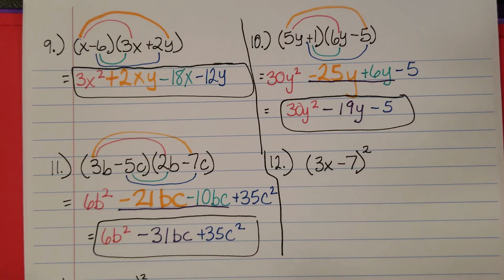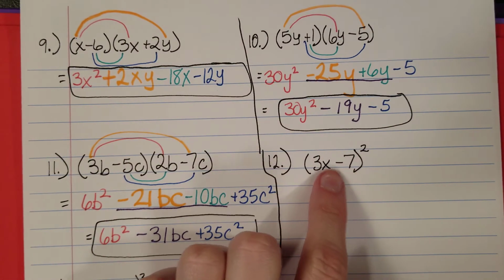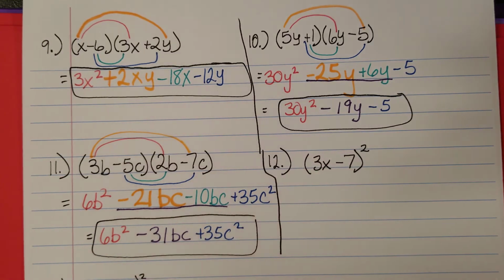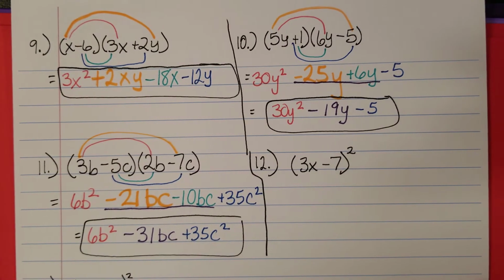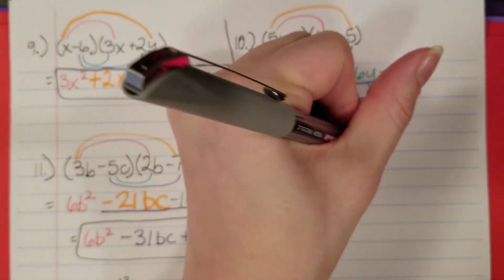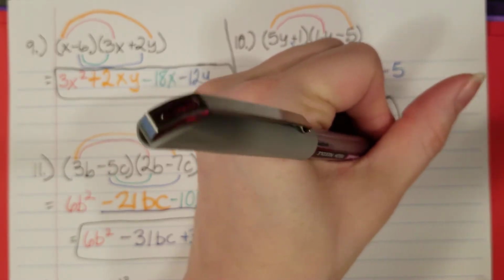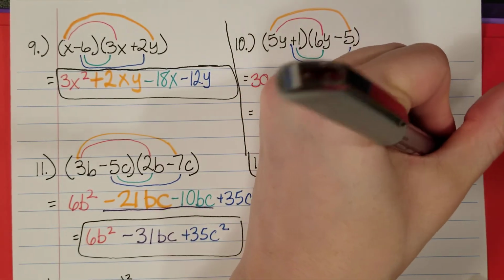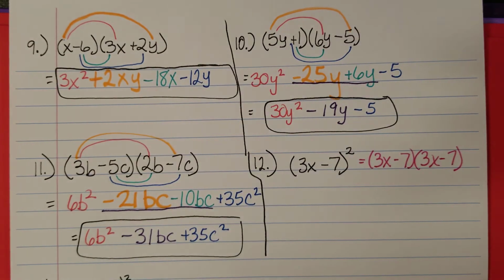That works if whatever you have in the parentheses is just one term, like it's just multiplying or it's just a fraction. So in this case, since we're squaring it, that means we would have to do 3x minus 7 times 3x minus 7, and we would have to FOIL that.